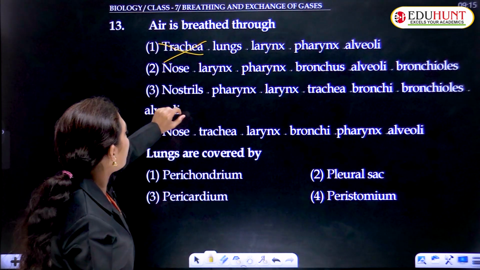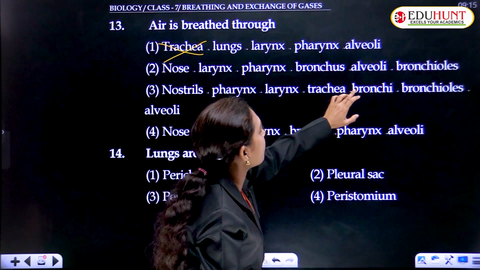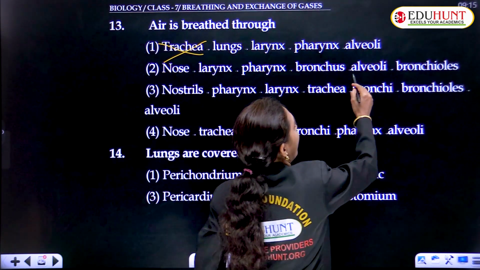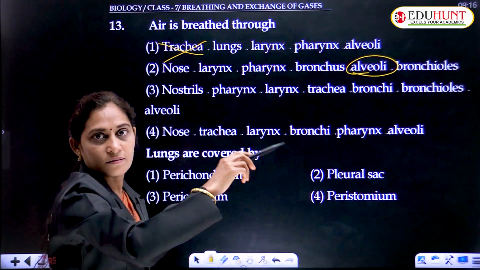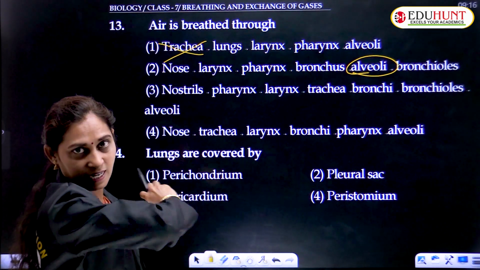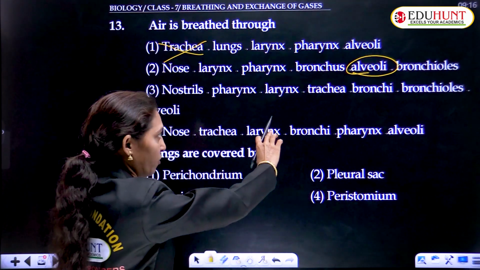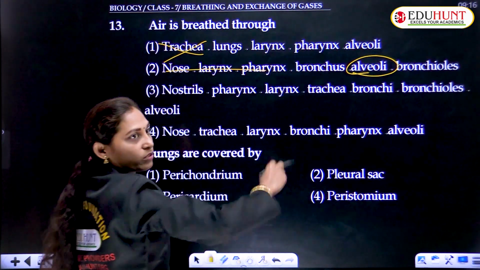Let's see these three. Nose, larynx, pharynx, bronchus, alveoli, bronchioles. Alveoli is the final site, the final sac where the air reaches. So alveoli must be at the end, so we also strike out this one.